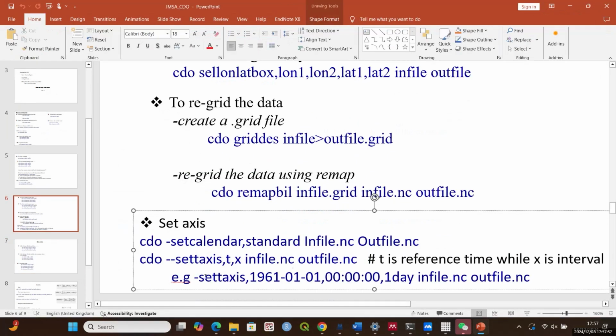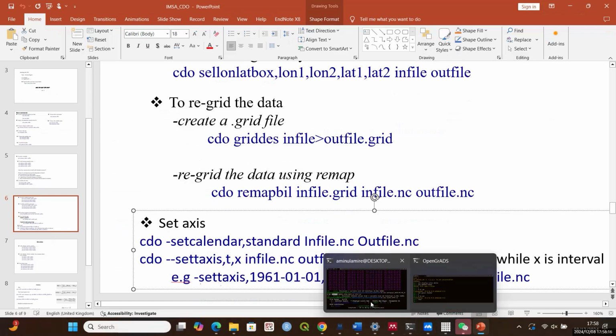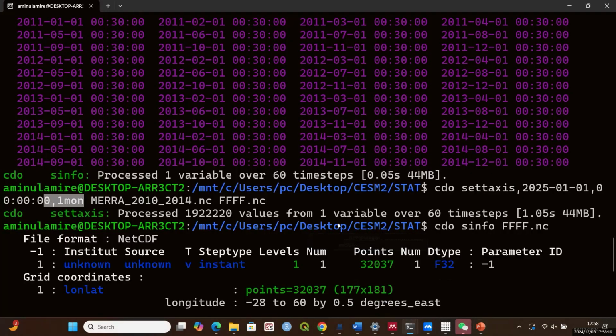You can use this command. You can either put minus or just remove minus. CDO set t-axis, then your t is your starting year, from here up to here, and then you have the interval here, 1 day. But it's better you use the CDO one, the one we used.